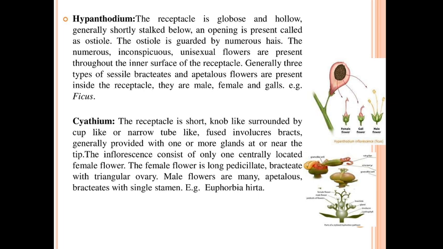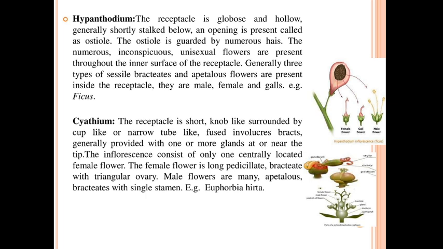The peculiarity of this inflorescence is that you have very small flowers present inside the hypanthodium. These flowers are of three different types: the male flower, the female flower, and the gall flower. The male or staminate flower has stamens producing the pollen grain, the female flower is the fertile female flower, and the third one is the sterile flower or gall flower.